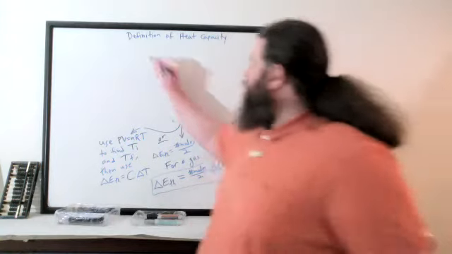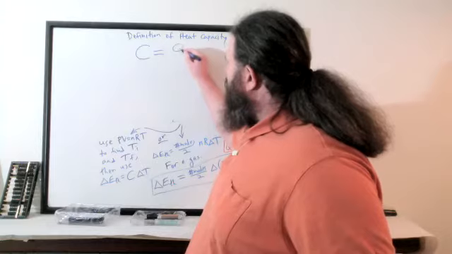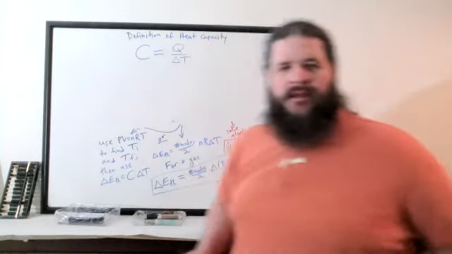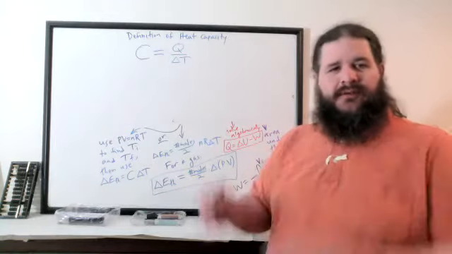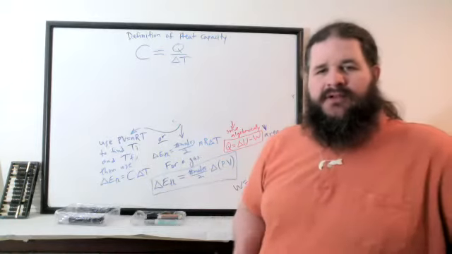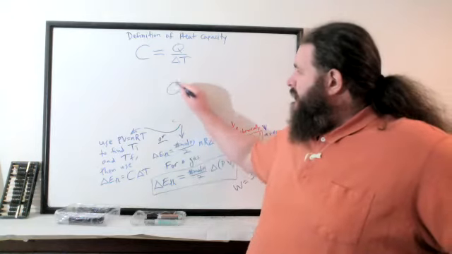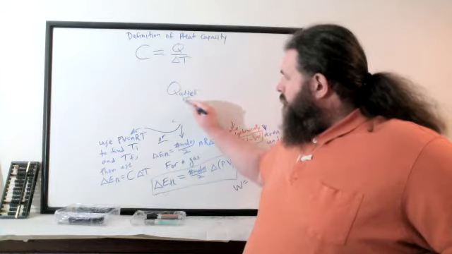The actual definition of heat capacity is the ratio of heat over delta temperature. The idea is you add some heat to an object and you find that the temperature increases. You add more heat, temperature increases more. And if you measure this repeatedly, you find that there's a proportionality between the heat added or removed, could go either direction.